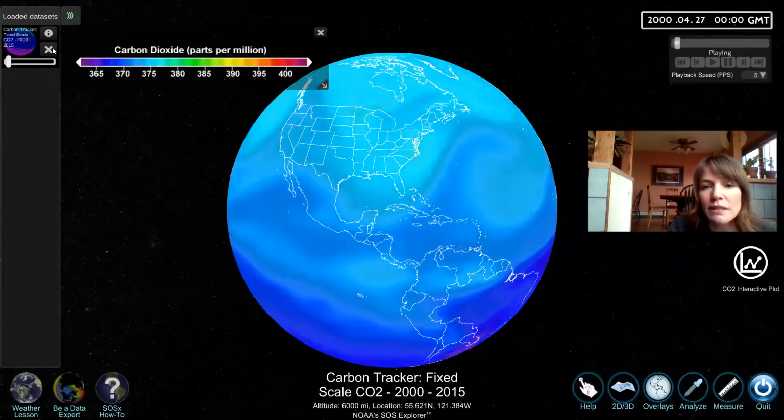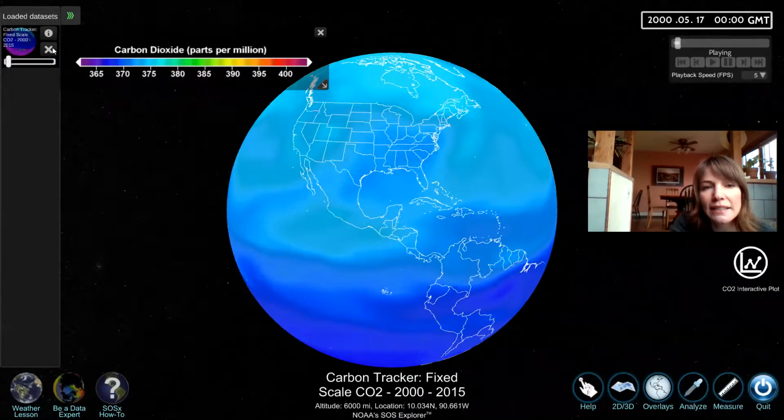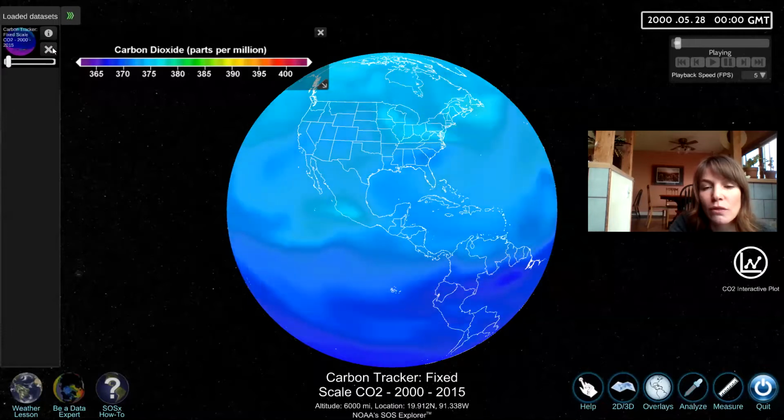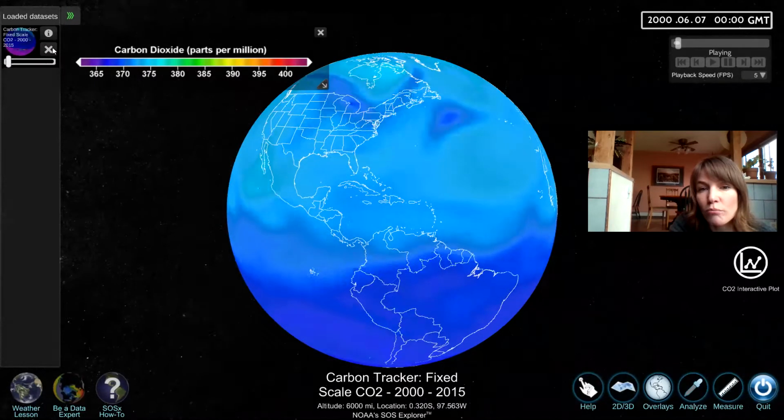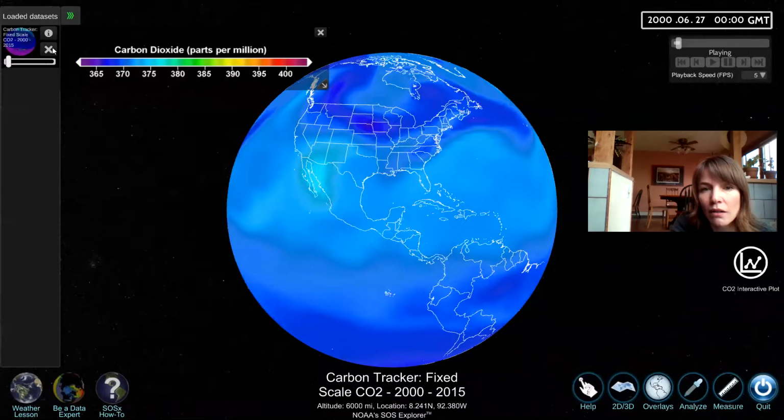And you can see that blue, or the purple, kind of the cool colored side, is less carbon dioxide, and the warmer colors are more. And exact numbers are here on the color bar.